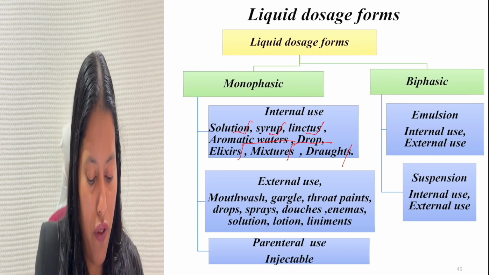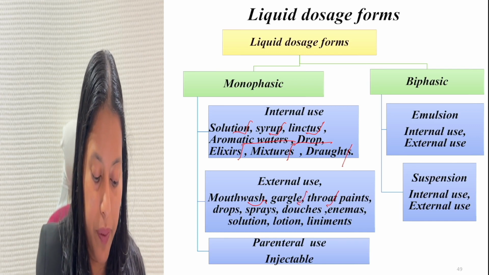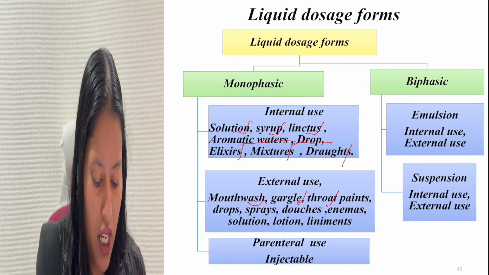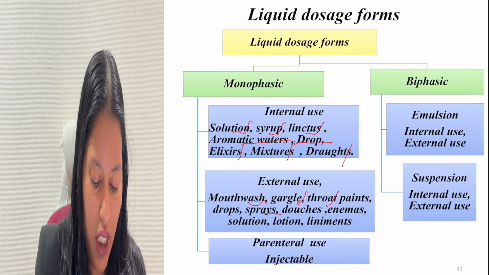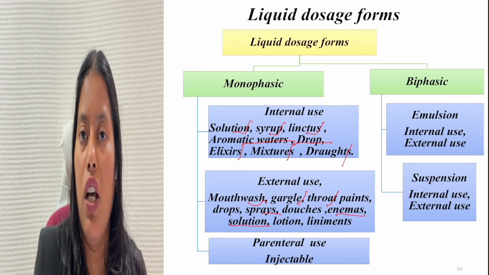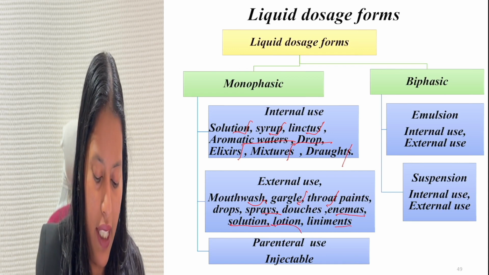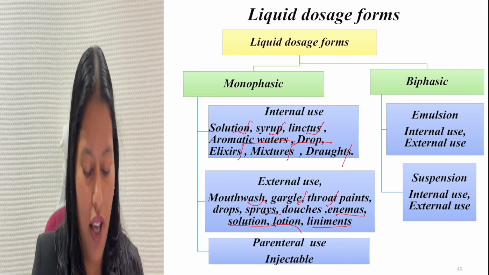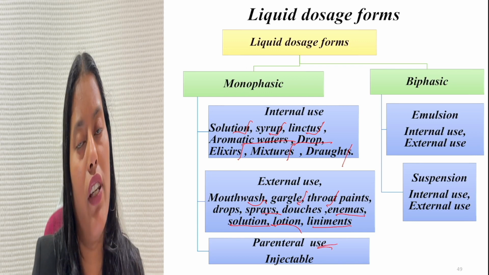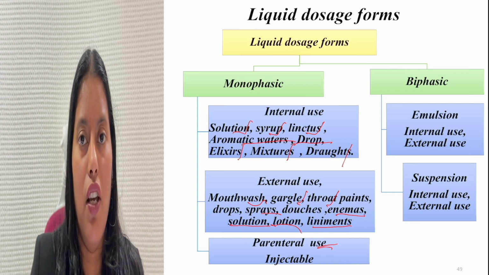Monophasic external dosage forms are mouthwashes, gargle, throat paint, various drops which you use for ear, eyes, nose, various sprays, then douches, enemas, various solutions which you apply on skin for topical application, then lotions and liniments. These are for external use. And for parenteral use, various aqueous injections or oily injections are the parenteral formulations which are liquid dosage forms.